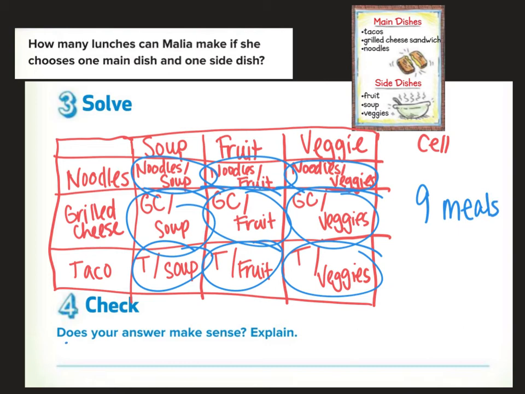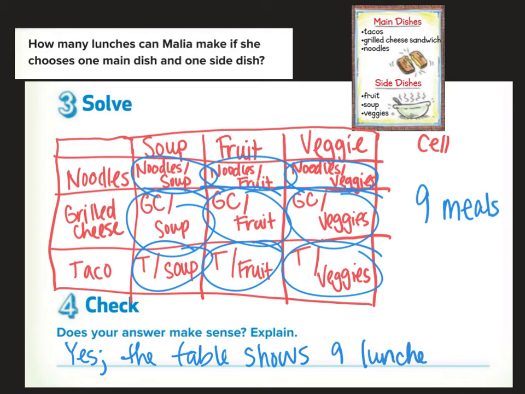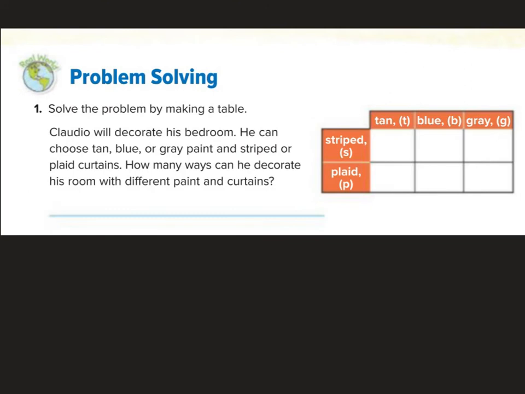So we could say, yes, the table shows, oops, not the tables. We only made 1 table. The table shows 9 lunches. There we go.